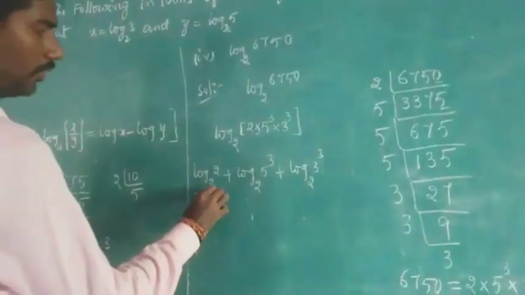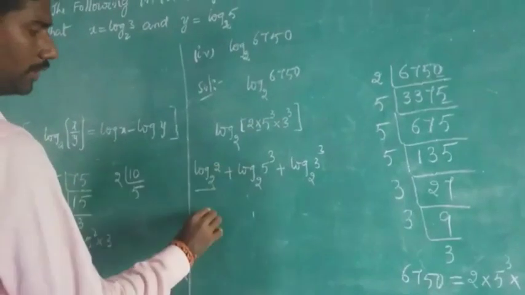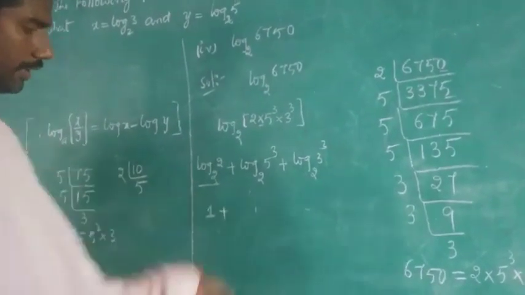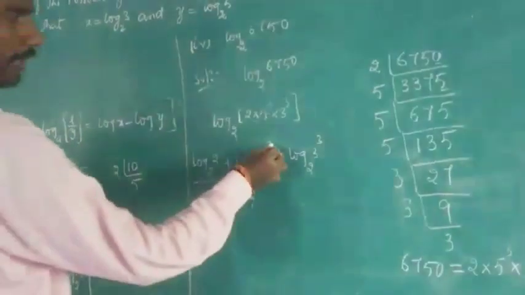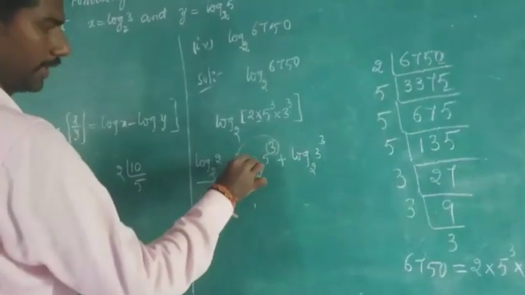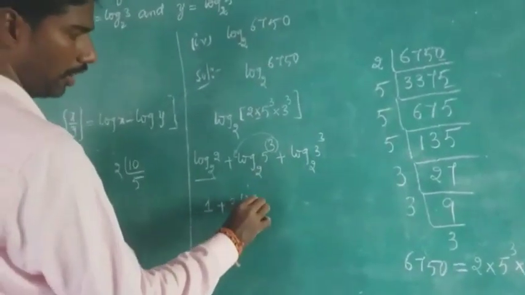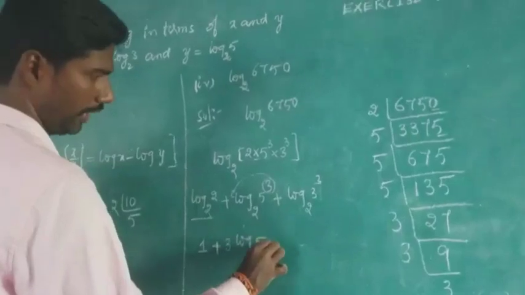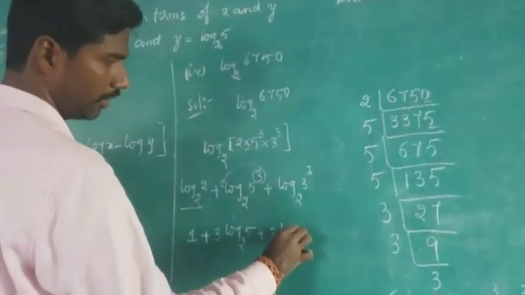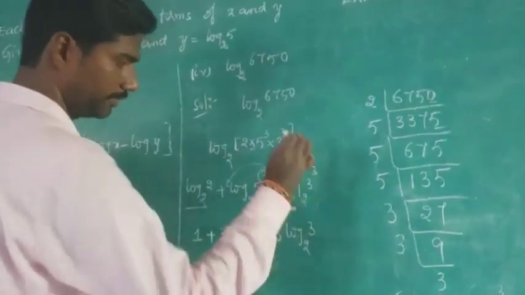So the base value and the log value both are the same, so you can write it as 1. And this is a power rule. The 3 will come in front of log base 2 of 5, 3 log base 2 of 3.